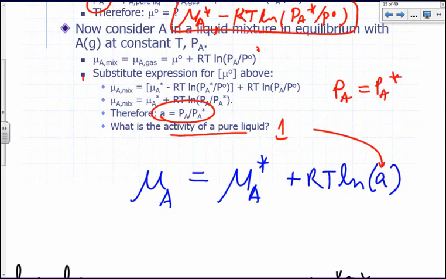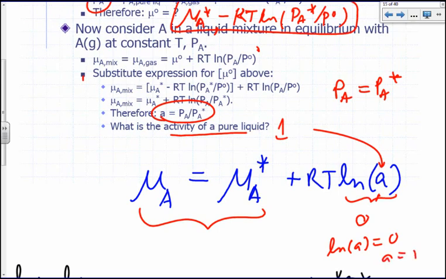In other words, the activity of something in its standard state is equal to 1, because if your chemical potentials are the same, then the natural log of A has to be 0. So ln of A is 0, and its activity must be equal to 1. A pure liquid has an activity equal to 1.